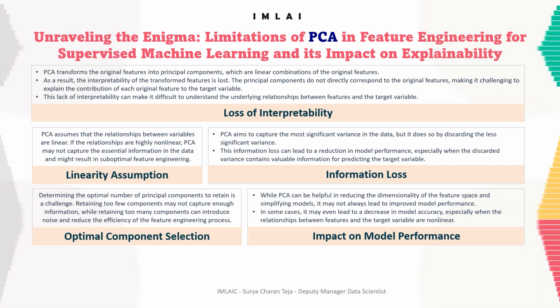As PCA, principal component analysis, reduces the original features to principal components, the direct relationship between individual features and the target variable becomes less clear. This can affect the explainability of the model, and it might be challenging to understand why certain features were selected.